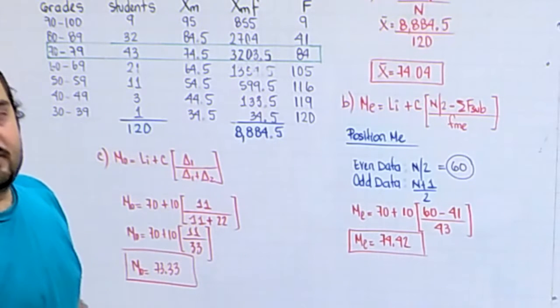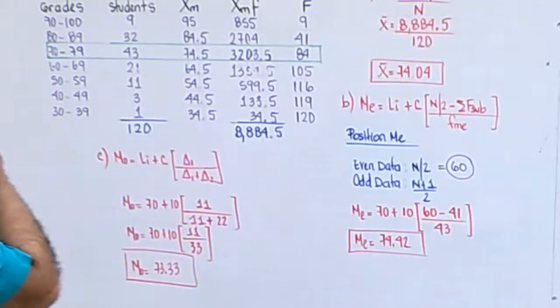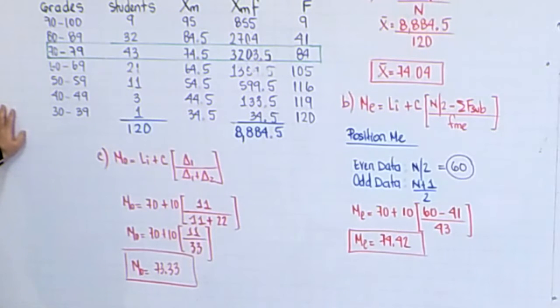Mister, how do you find the chosen one, like the one that is highlighted, in the mode or in the median? In the median, the data that you surrounded by the square. Oh, okay.